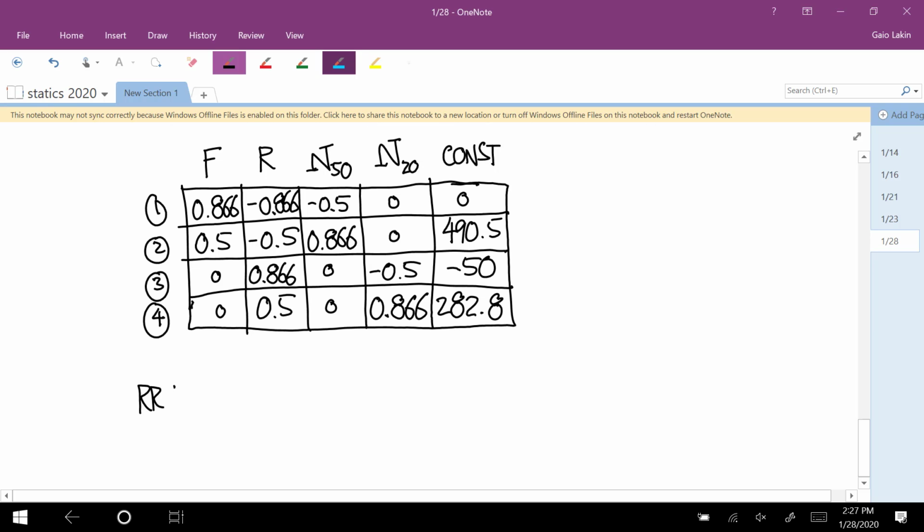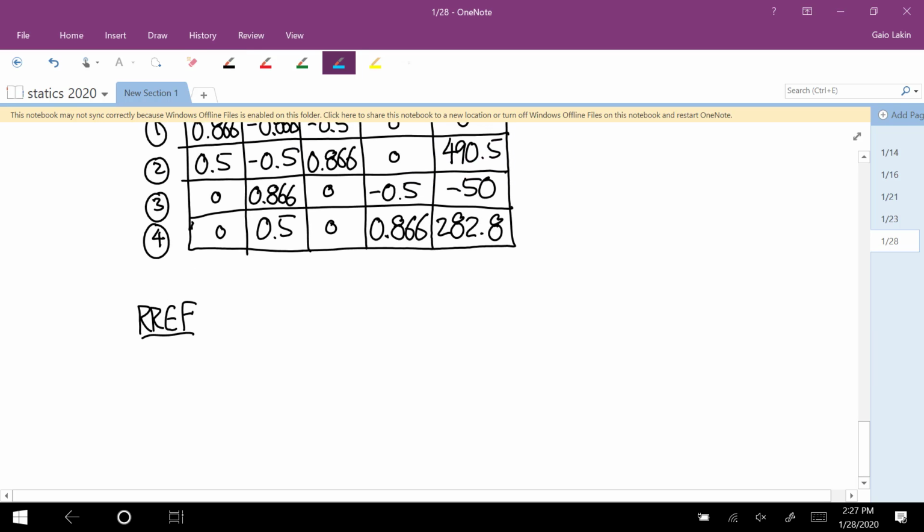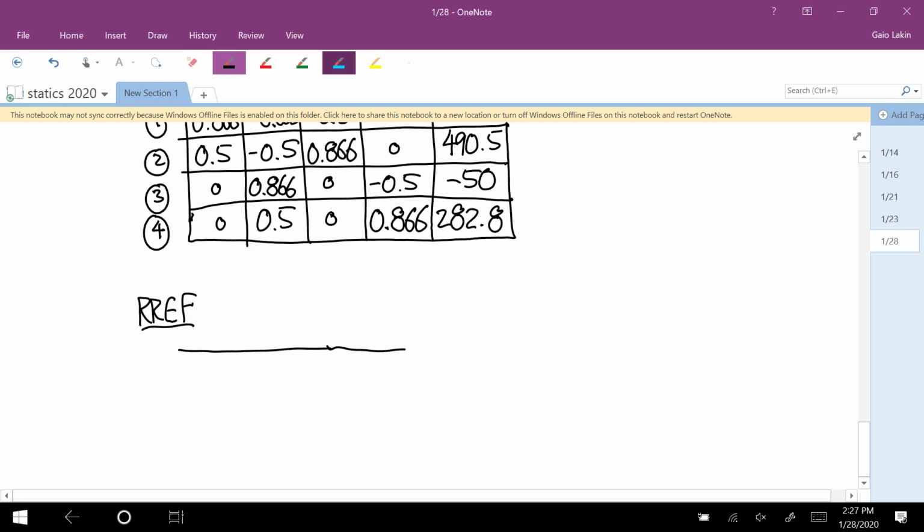And if you do reduced row echelon form, you get the same size matrix back.